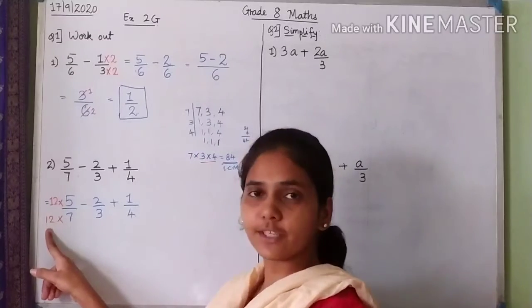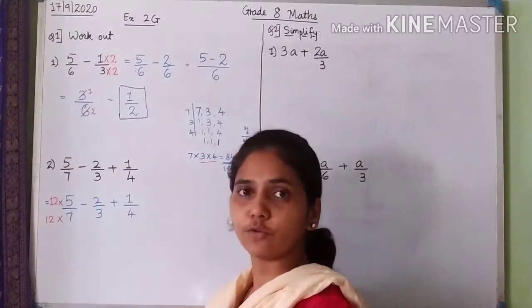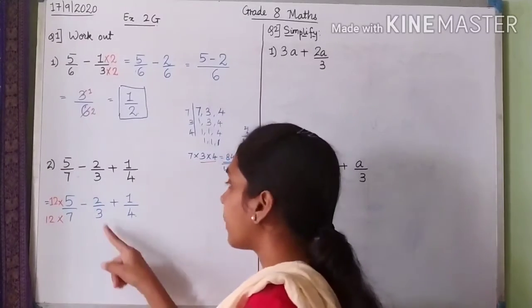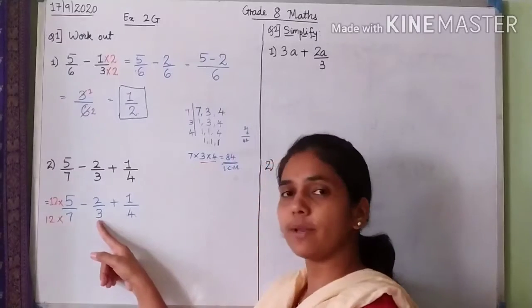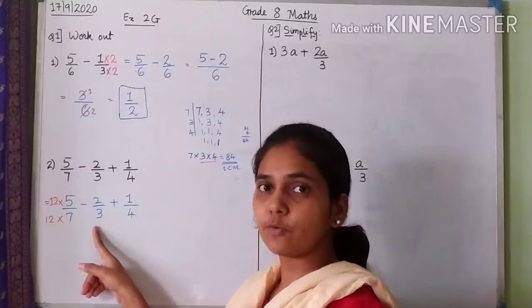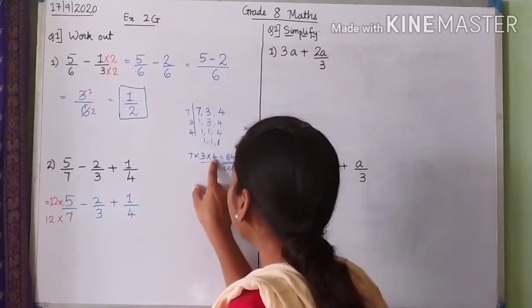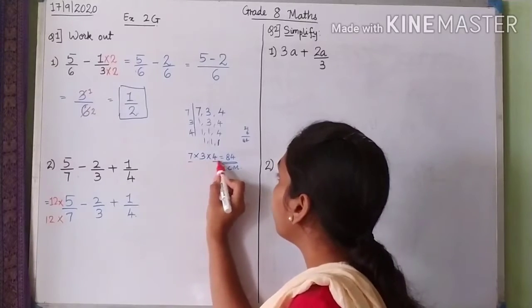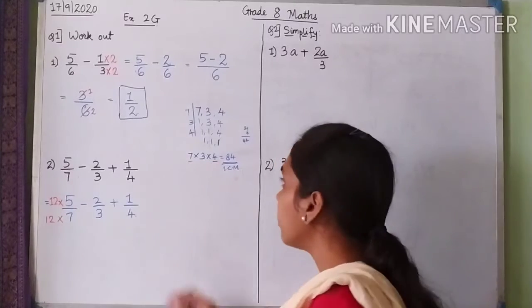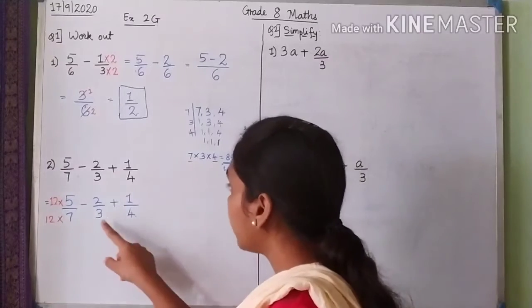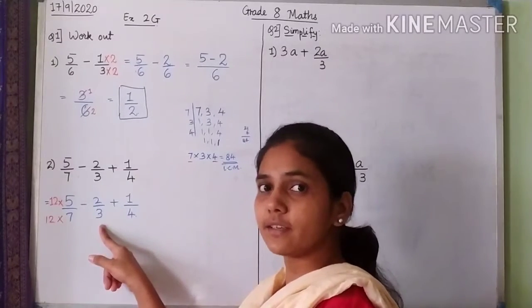If I am multiplying the denominator by 12, I multiply the numerator also by the same number. So I have to multiply 5 also by 12. Now we go to the next denominator, which is 3. On multiplying which number by 3 do I get 84? If I leave 3, 7 into 4 is left. 7 4s are 28. So if we multiply 3 by 28, we will get 84.